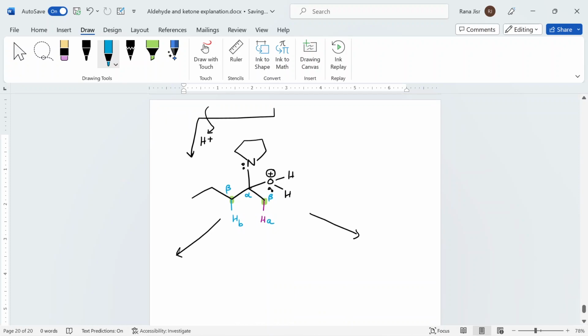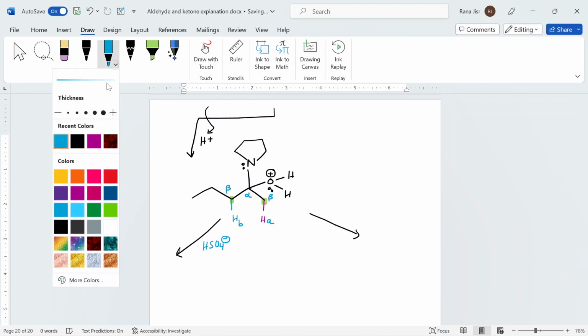So my base, and the base can be any conjugate base in the solution. So we're going to use the HSO4 minus in there, or you can use another mole of the secondary amine, because this is also a base. So any base in the solution can do the job.